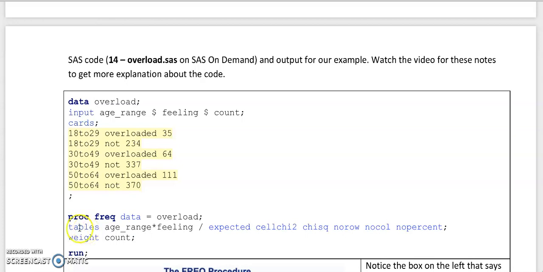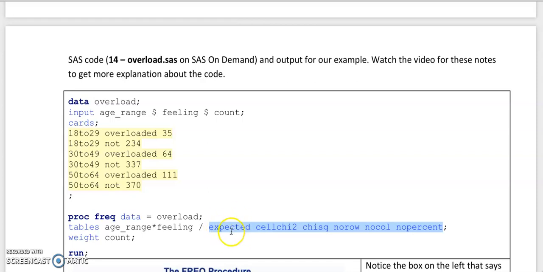The second line will start with the word tables. We're just going to put our first variable times our second variable. And I'm not expecting you to spend much time knowing what each of these different things here is doing. These are basically just things telling SAS what information I want provided when I run the code.